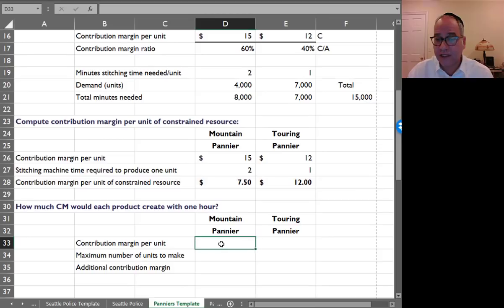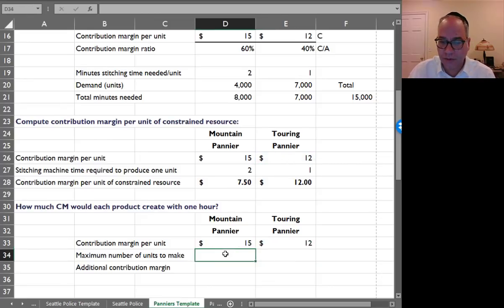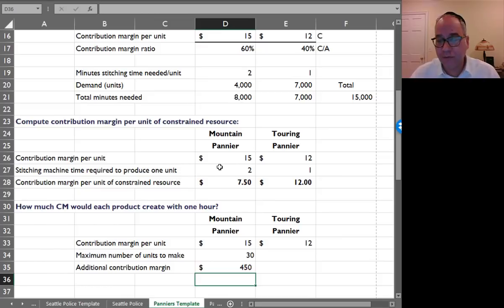So if you do a little calculation here, you can see that the mountain pannier produces $15 contribution margin per unit. Touring pannier produces $12 contribution margin per unit. And in 1 hour, if it takes 2 minutes of stitching time for the mountain pannier, that means you can make 30 units in 1 hour. So 1 hour in the stitching machine is going to give you $450 if you're using the mountain pannier.